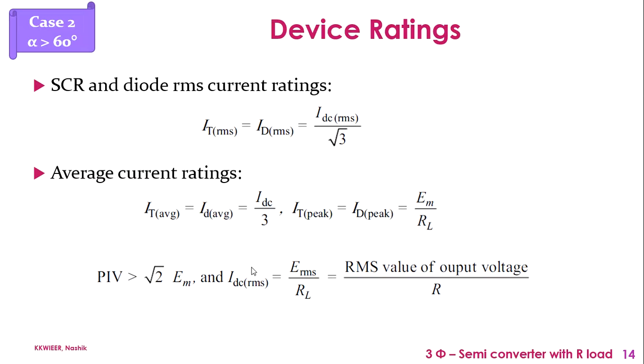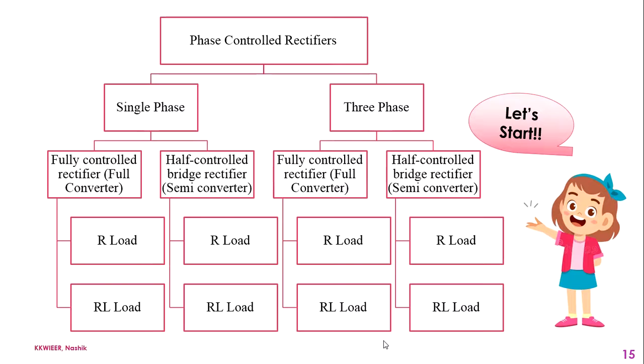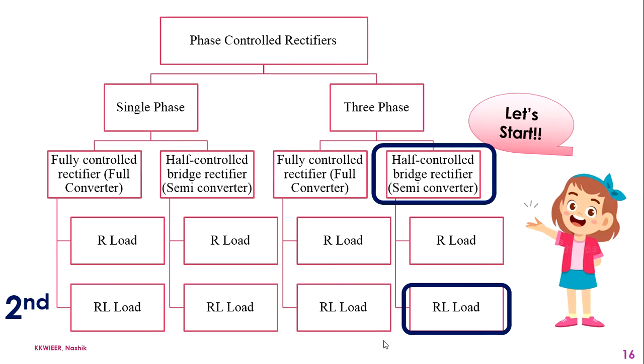So these are expressions for output voltage, then RMS voltage and device ratings. The detailed explanation of all these derivations will be discussed in our online lectures, so please be present for the lectures. Now we will go to the next converter, that is a 3-phase semi-converter with inductive load.